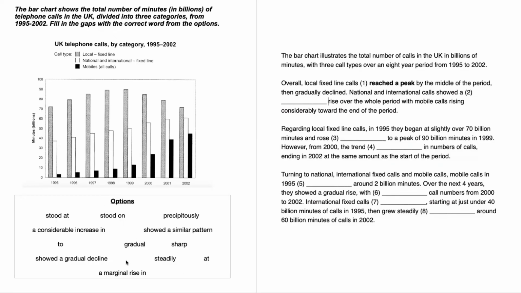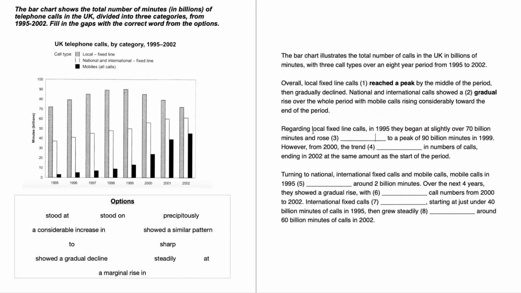And I see my options as gradual or sharp. So if we're looking at national and international, that is the white, and we see what type of rise. Is it sudden, is it sharp, or is it gradual? And as you see, it is gradual because it increases very steadily, both mobiles and national and international. And so the correct answer here would be gradual.